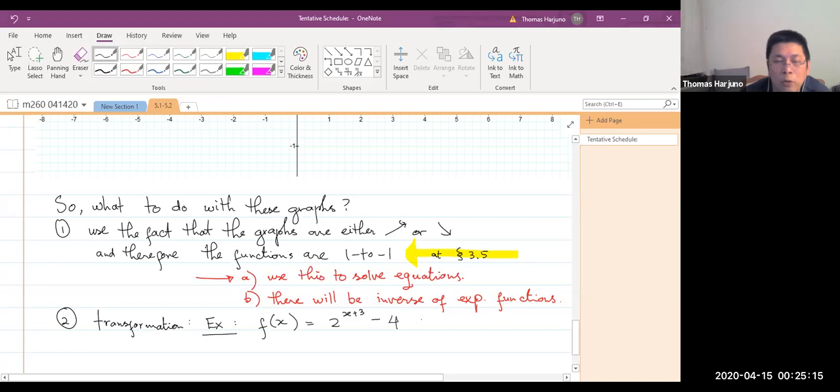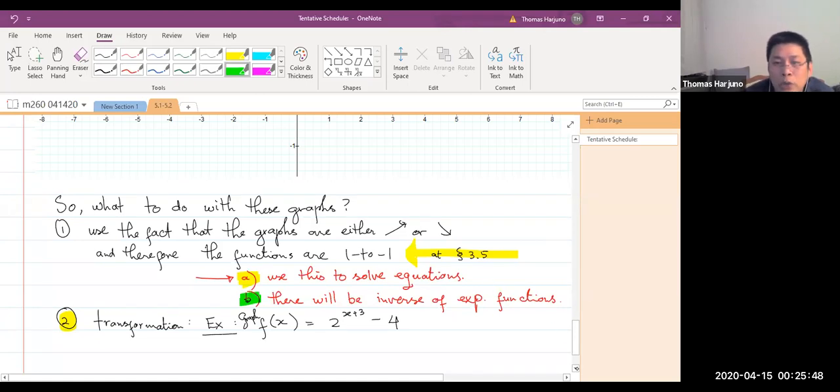What does the graph look like? And the domain, the range, horizontal asymptote, x-intercept, y-intercept, and so on. Now I will do this part right now, and after the break I will do this, while 1b is something we will see in 5.3.